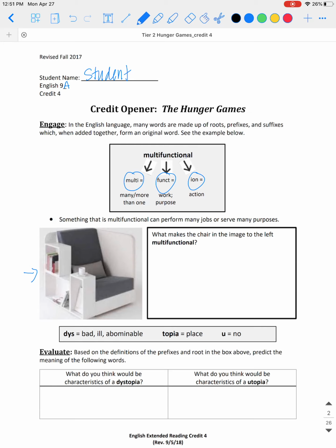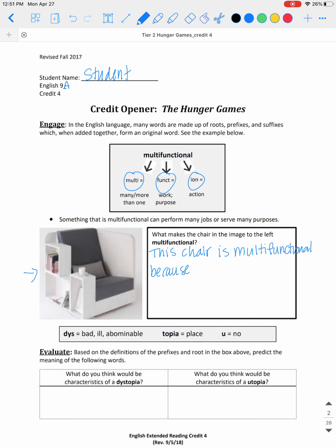So what they want you to do is look at this chair on the left, and it's a chair with some shelves. And so what makes the chair in the image to the left multifunctional? So this chair is multifunctional because, and then you can finish that sentence off.